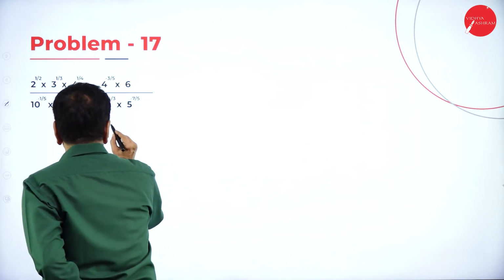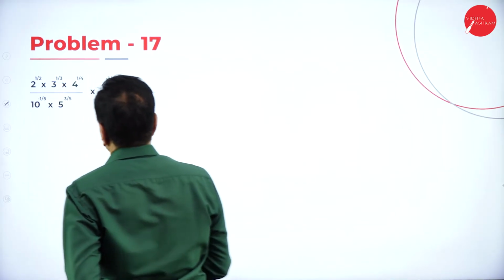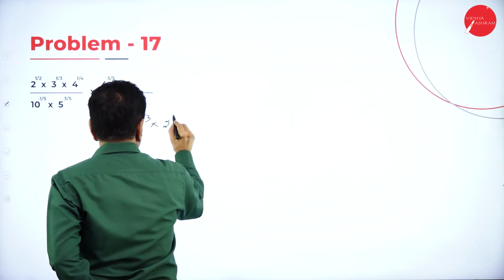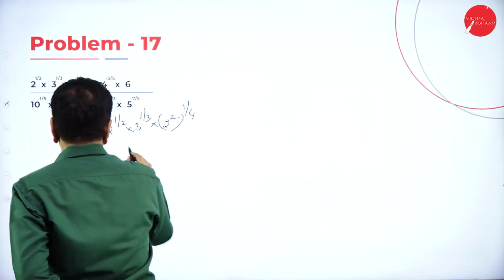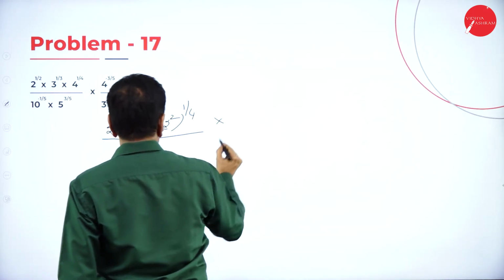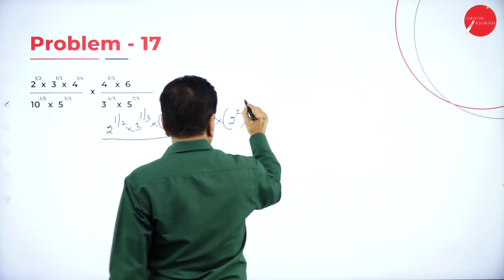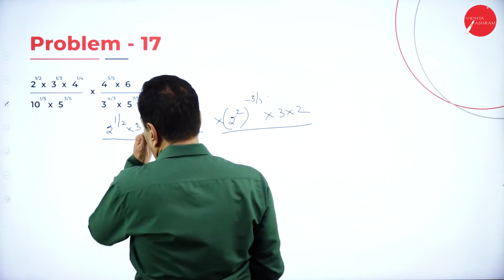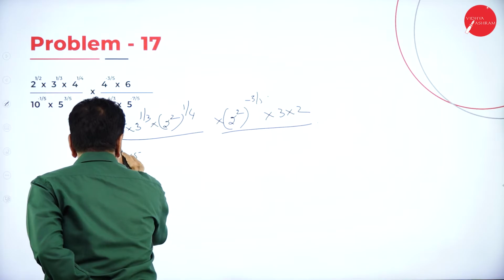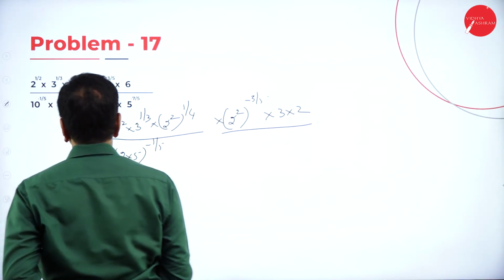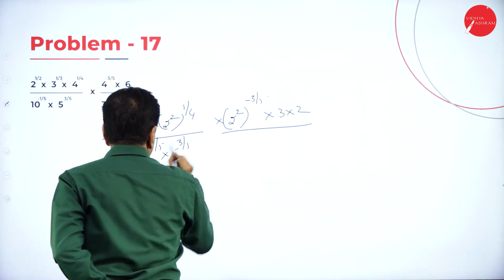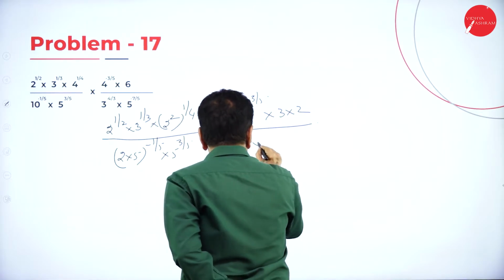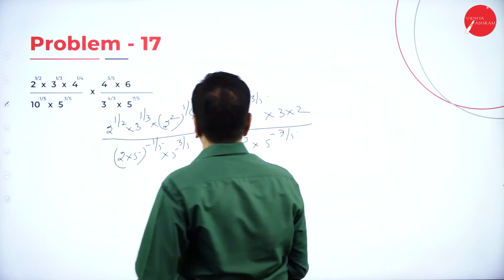This can be slowly simplified. 2 to the power of half, 3 to the power of 1 by 3 into 2 square to the power of 1 by 4, divided by this into 2 square to the power of minus 3 by 5. 6 can be written as 3 into 2, divided by 2 into 5 to the power of minus 1 by 5 into 5 to the power of 3 by 5 into 3 to the power of 4 by 3 into 5 to the power of minus 7 by 5. Simplify this.